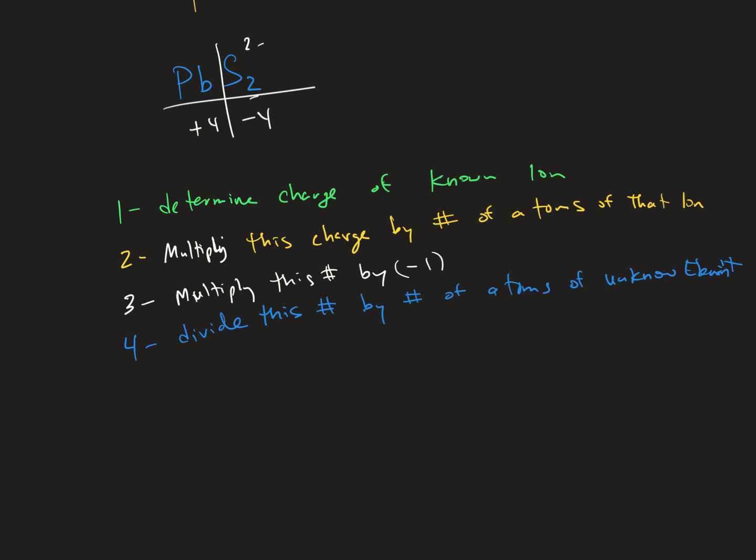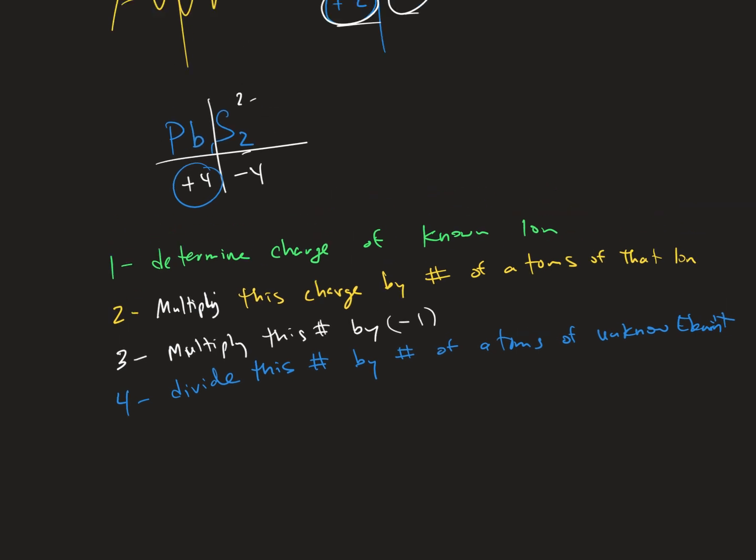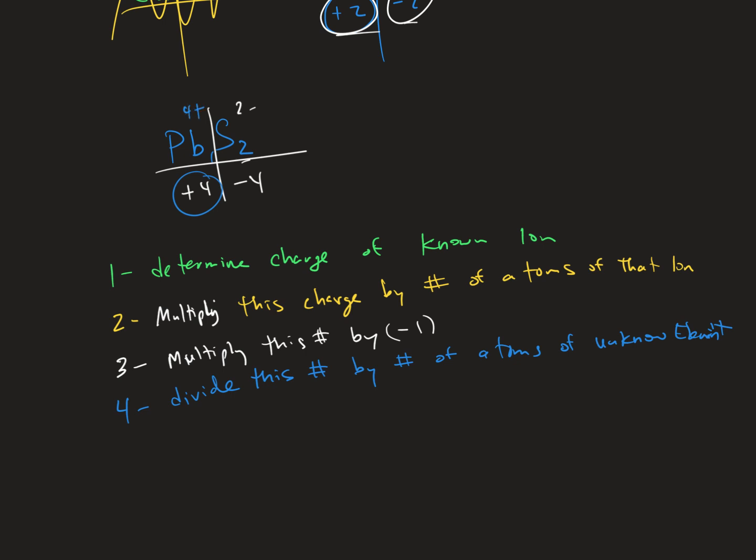So we're going to take this number and divide it by 1, because that's how many atoms we have of the unknown element. So I'm going to get a 4 plus. So what's this called? Lead, Roman numeral 4, sulfide.